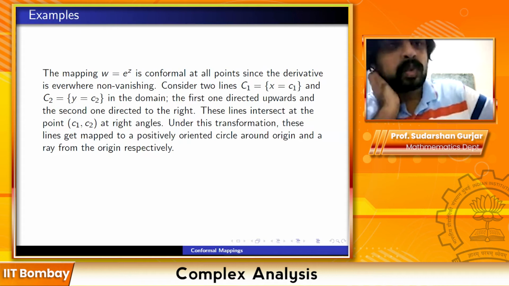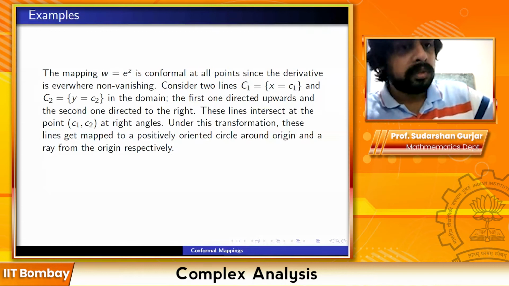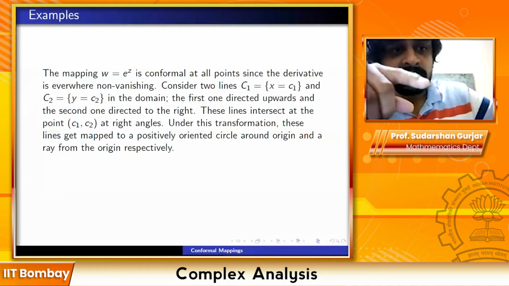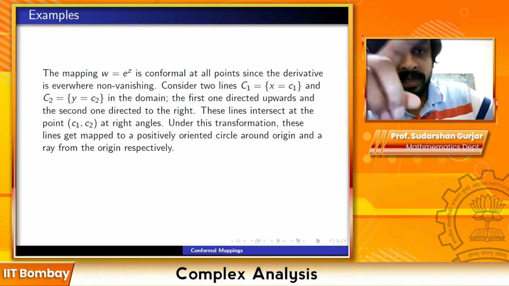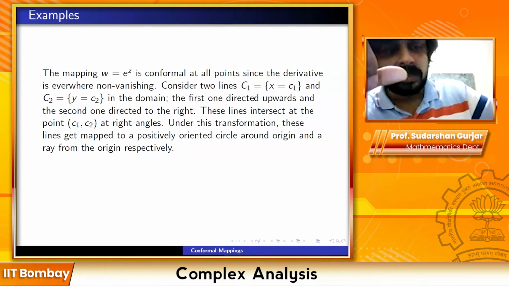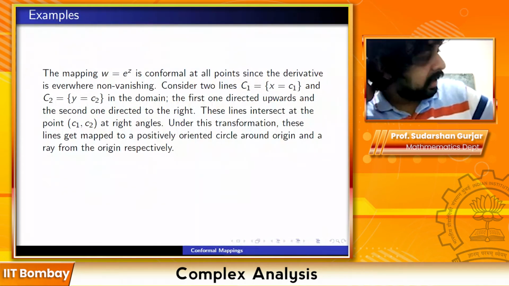What happens to the image of C2? C2 is where y is constant, and x is varying. So it's e raised to x plus i c2, allowing x to vary. What do I get? I get e raised to x times (cos c2 plus i sin c2).